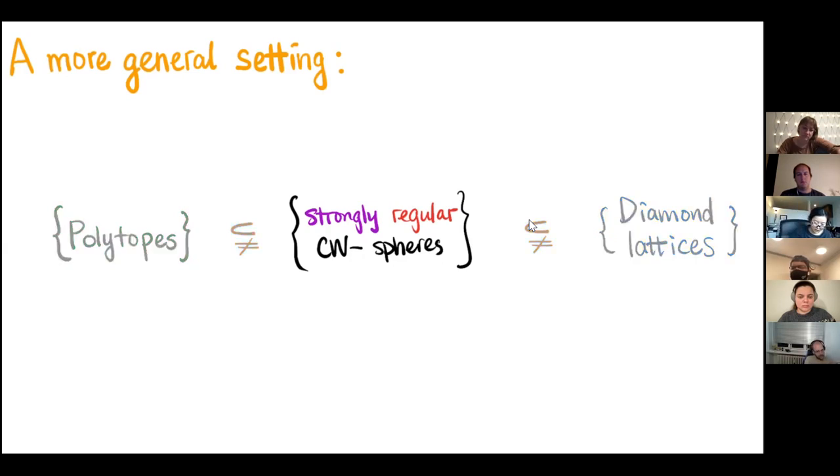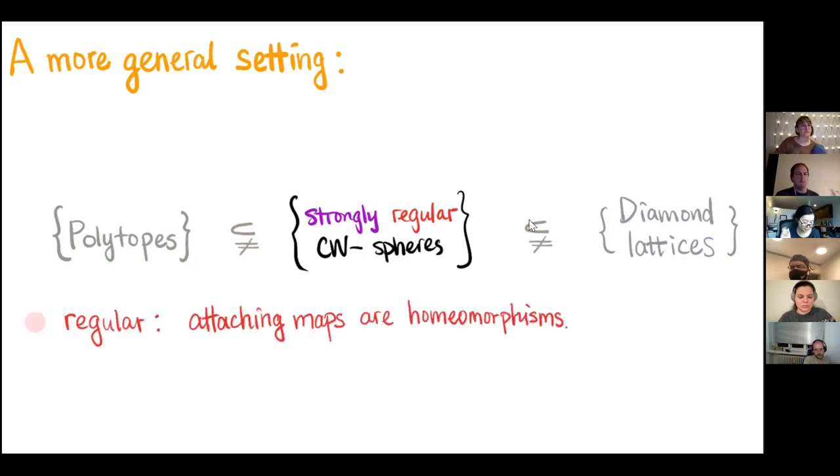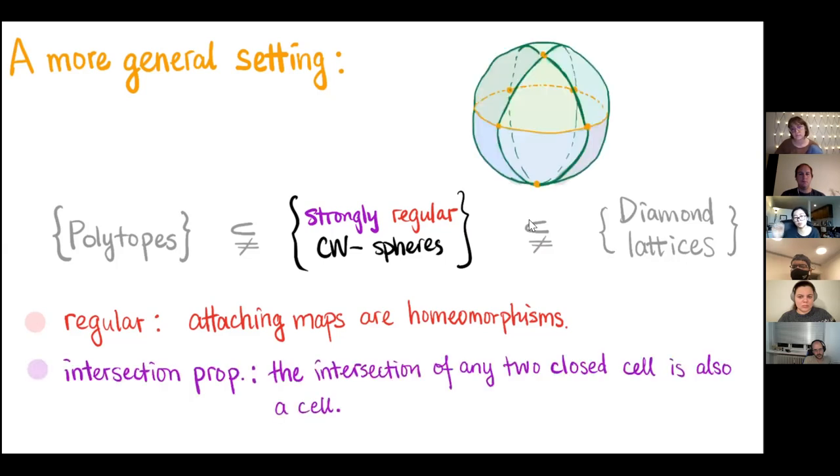CW spheres are CW complexes homeomorphic to spheres, and they're regular if the attaching maps are homeomorphisms. We call them strongly regular if, in addition, you have the following intersection property: the intersection of any 2 closed cells or disks is also a cell. It can be empty, it just cannot be more than 1 cell.